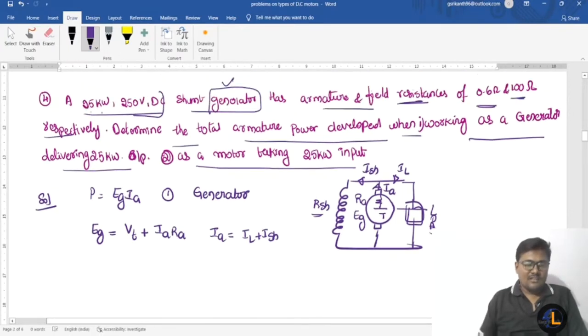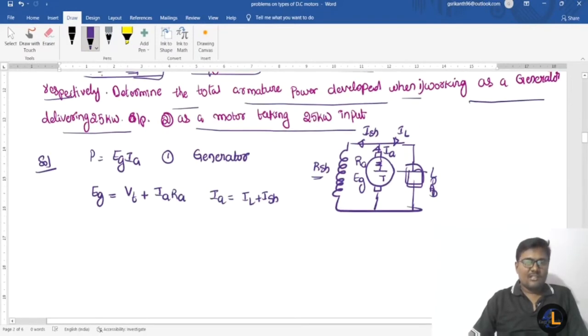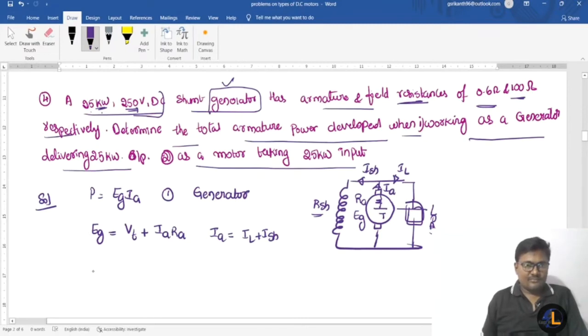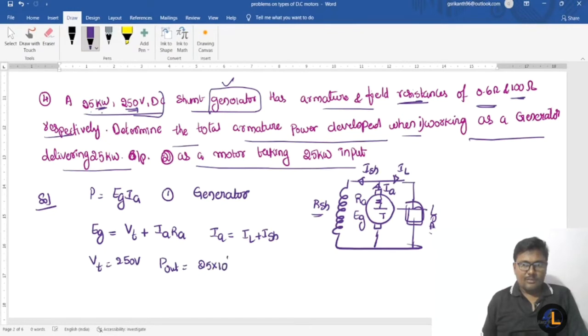When it acts as a generator, 250 volts is the terminal voltage, and the output power is 25 kilowatts. So VT is equal to 250 volts, and the output power is equal to 25 into 10 to the power of 3.